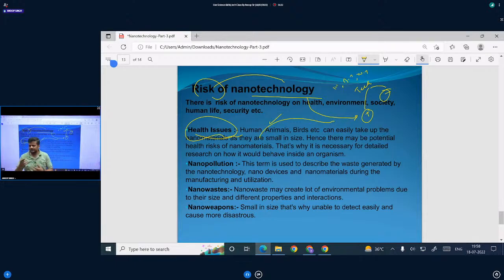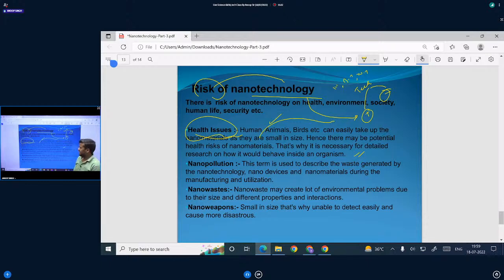If a particular animal, human or bird consumes these nanoparticles, then how will it react inside the body, whether they are useful or not. So for this particular issue, some research is required. Okay. How it will impact living organisms, especially human beings, animals, and birds.